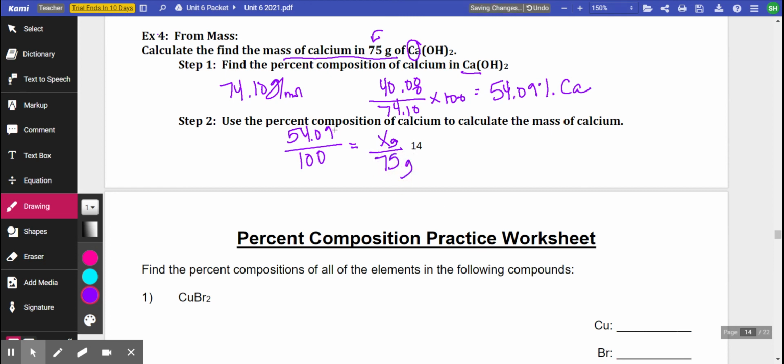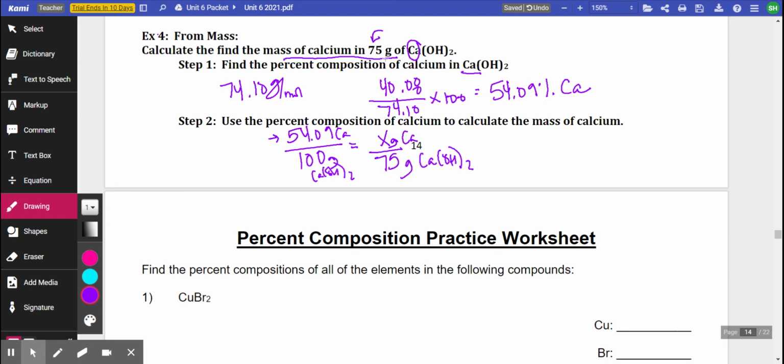So this is 54.09, think of it as grams of calcium in 100 grams of calcium hydroxide. So I want to know how many grams of calcium if I have 75 grams of calcium hydroxide. This percentage, 54.09, is always the same for this compound. It is consistent. So you're just going to cross multiply and divide.